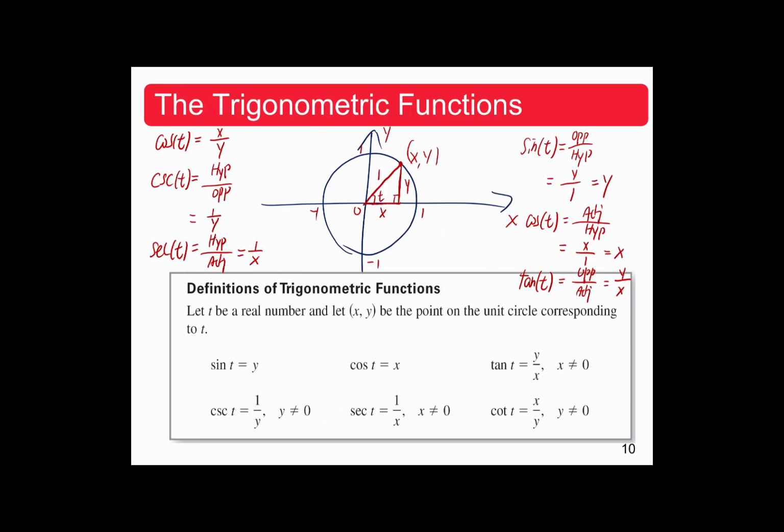Okay, that's how you find all these 6 trig functions in a unit circle. So it just corresponds with all of this. So that's how these 6 trigonometric functions are defined using the unit circle.